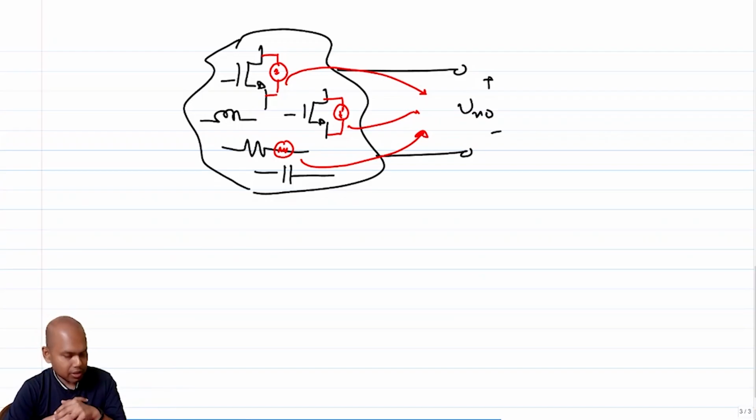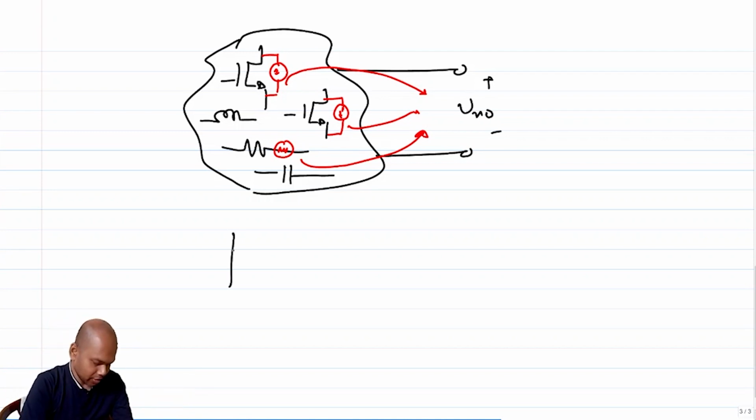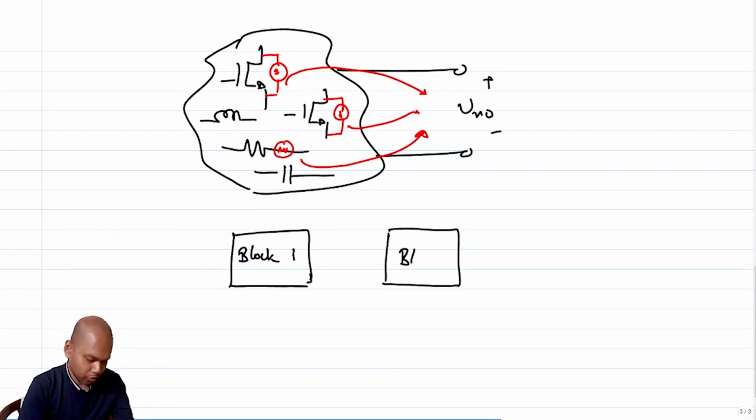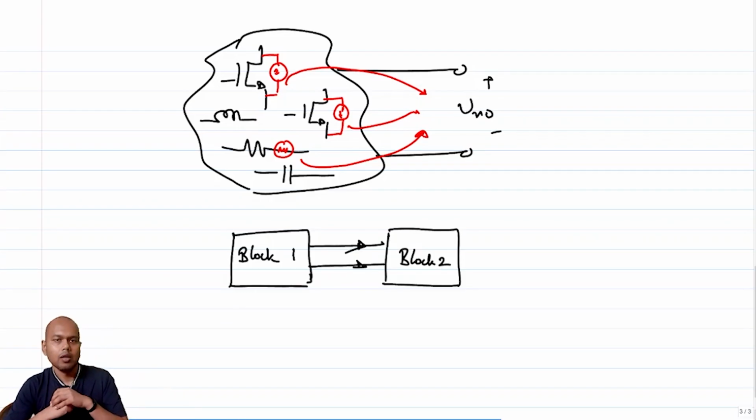But from a system designer's perspective, consider this. Let's say you are in charge of designing one block. I don't know what block this is, but maybe some block, and your colleague is designing block 2, and you want to interface this block 1 to block 2.